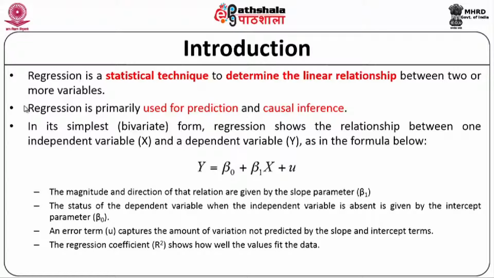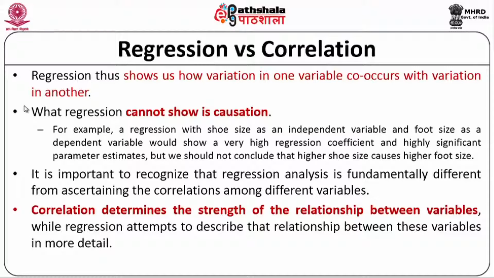So, with this understanding, let us understand what regression is and how it is different from correlation. Regression helps us show the variation in one variable with respect to the variation in the other variable, but what regression will not show is causation. For example, consider two variables: one is the size of a shoe, another is the size of the foot.